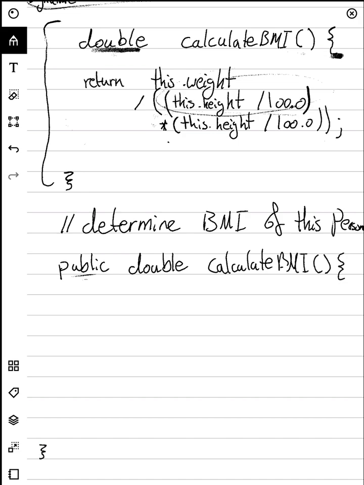Okay, so first I'm going to calculate the height in meters. So double height in meters gets this dot height divided, whoopsie, this dot height divided by 100.